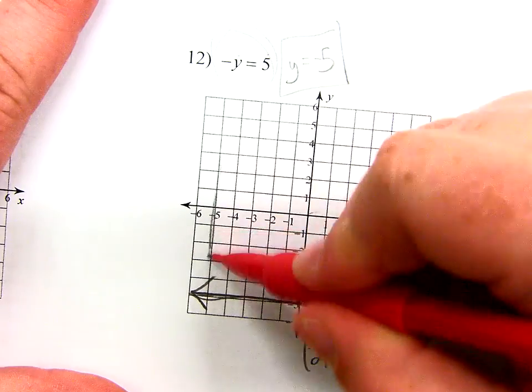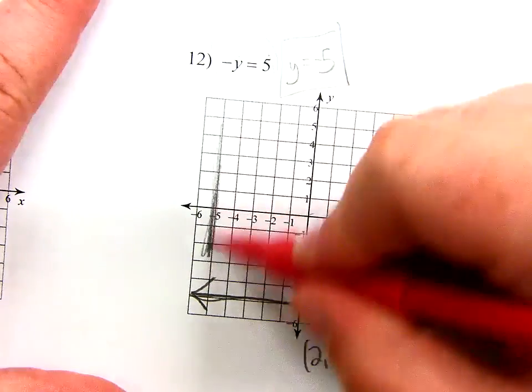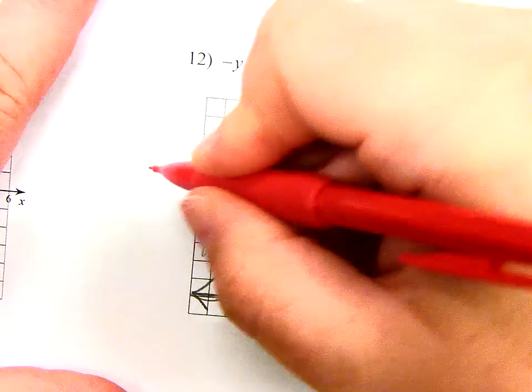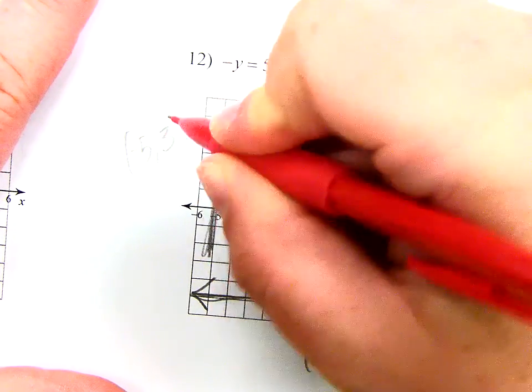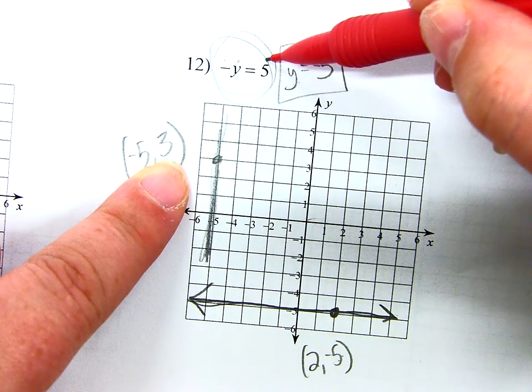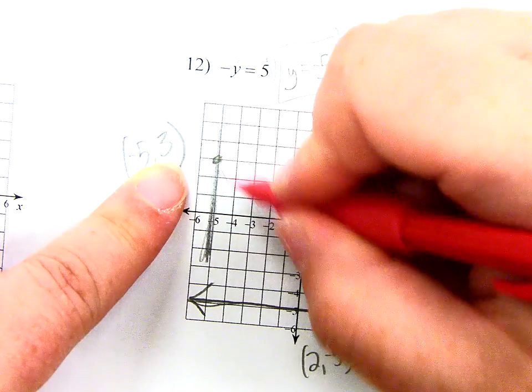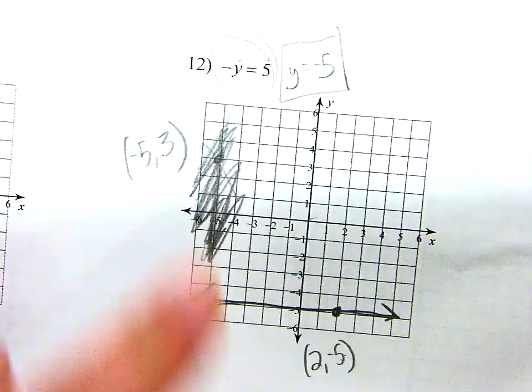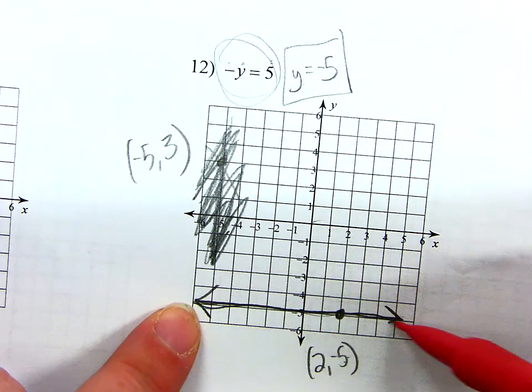They're going to draw a vertical line over here. And then hopefully if they pick some random point on this line, negative 5, 3, and they check it, is negative 3 equal to 5? No! They're going to be like, oh, that's totally wrong. Oh, wait, I drew my line completely wrong. I was supposed to draw it like this.